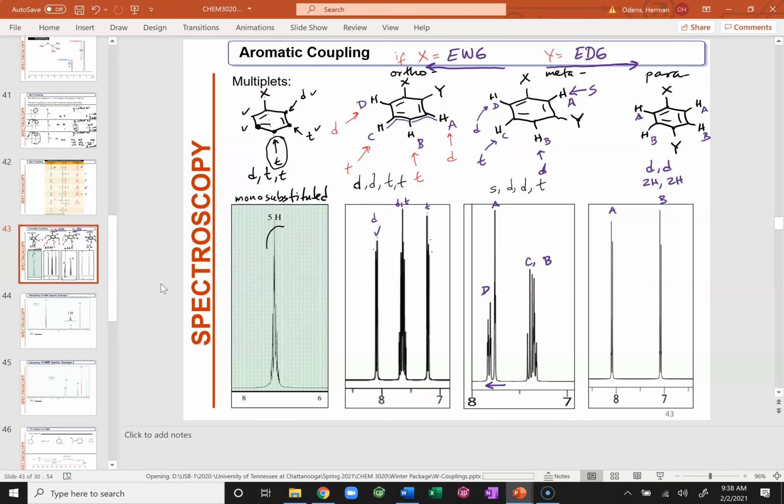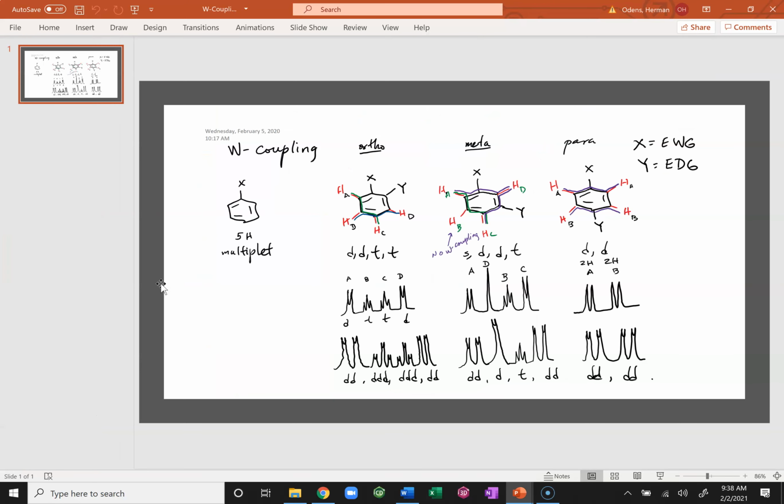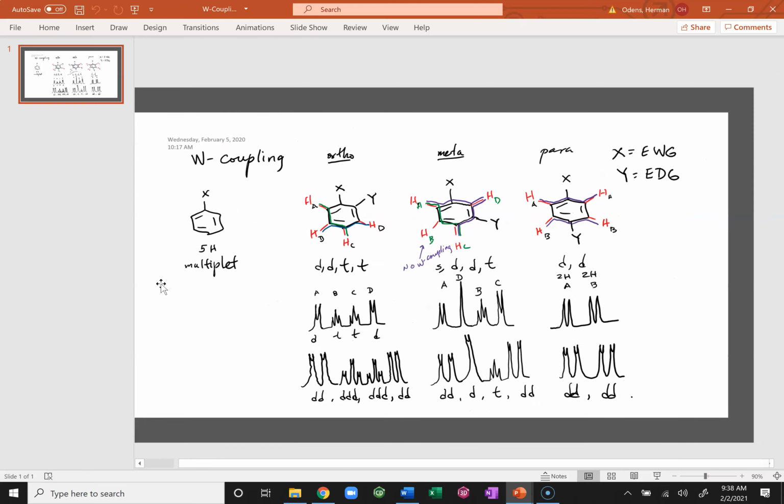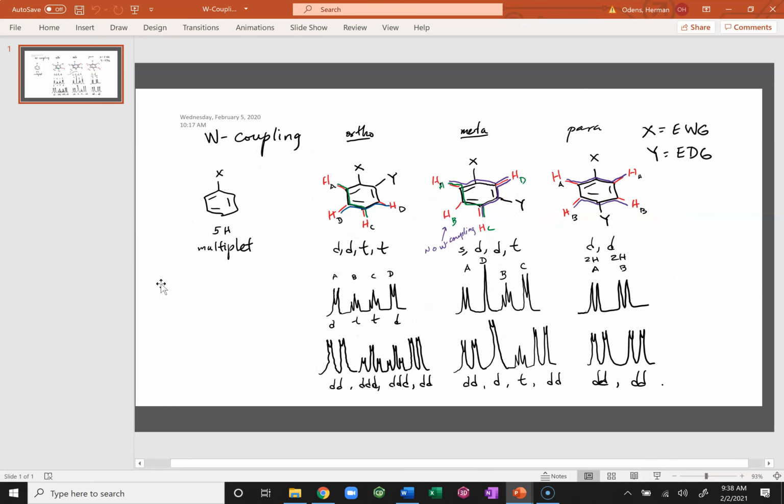And that's the same thing that we have here. All right, check this out. Here you have the W coupling. So that's why the monosubstituted is a mess. You will see it's a bunch of peaks crammed into one little window.